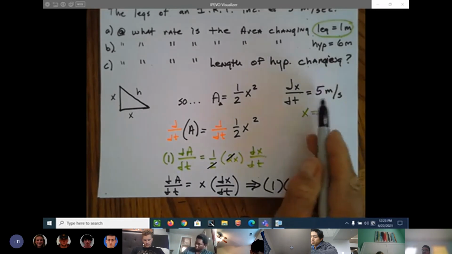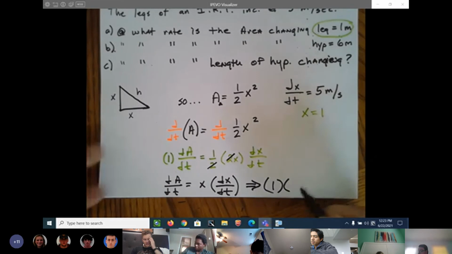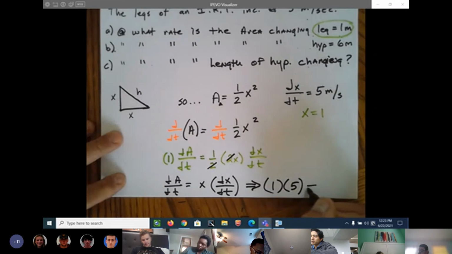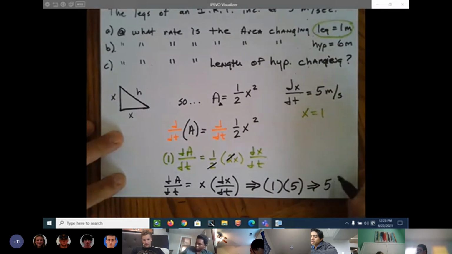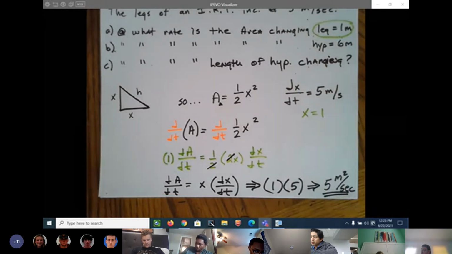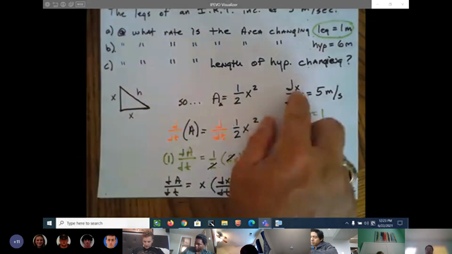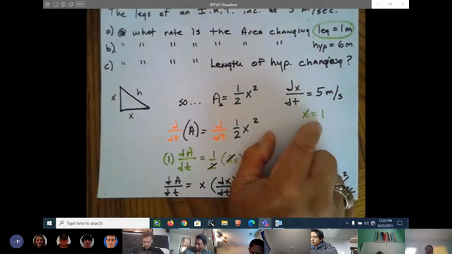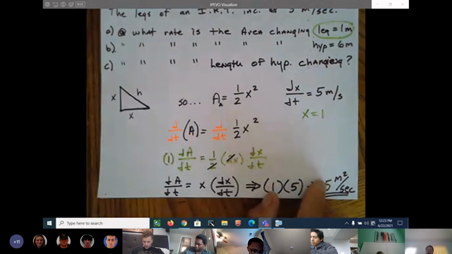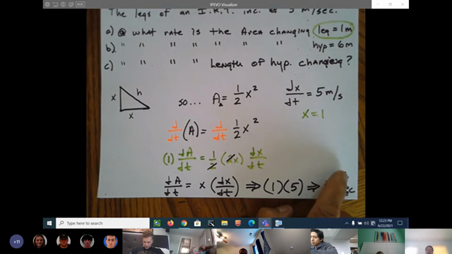What is dx dt? 5 meters per second, so the area is changing at 5 meters squared per second.